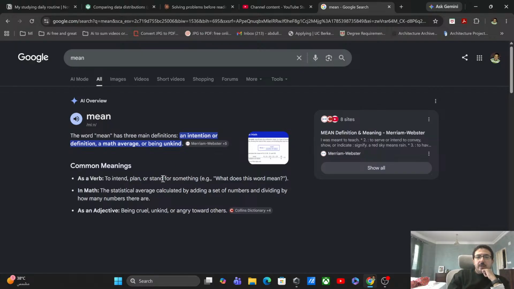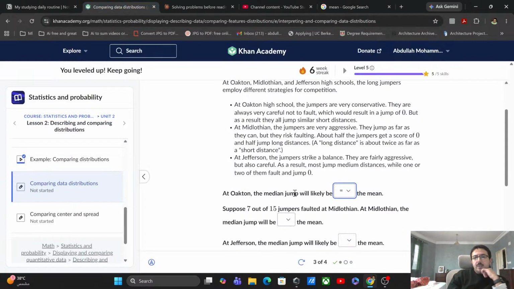They all get 3. 3 over 12, and 3 and 3. So what do you say? The median: 3 plus 3 equals 6, over 2, or 3.